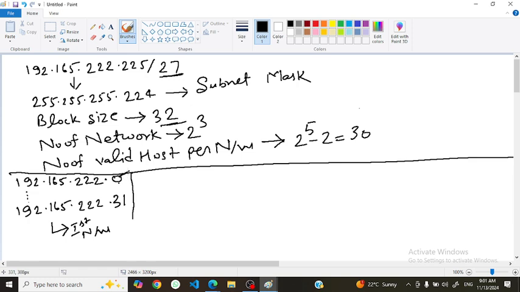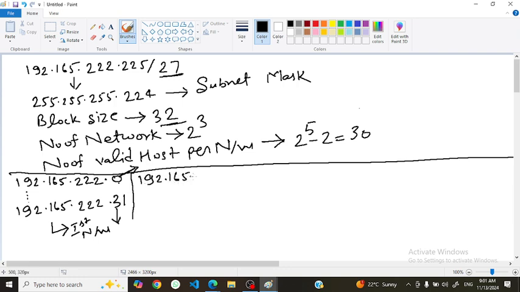It will be the network ID, and the last one will be the broadcast ID, so the valid hosts are in between them. Is it clear for everyone? Anyone has doubts? Sir, for all problems, do we need to start only from zero? Yes.